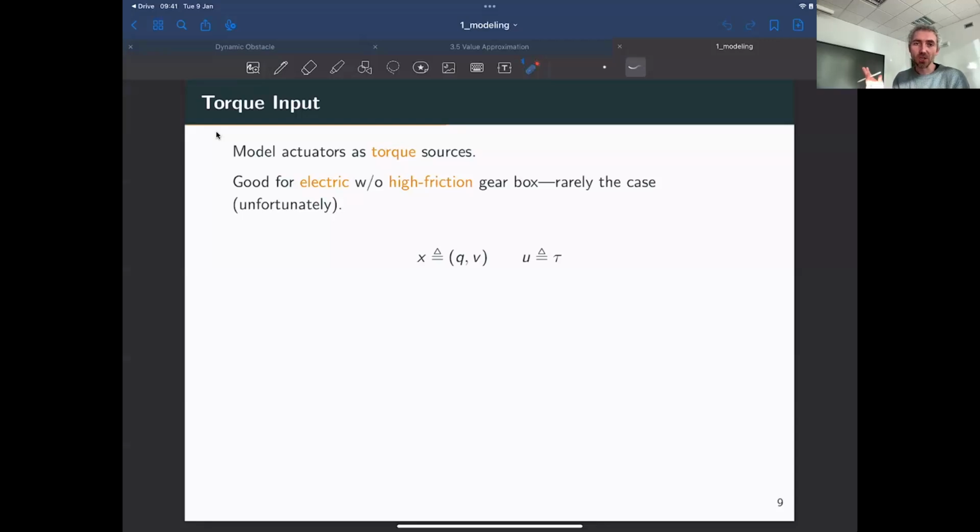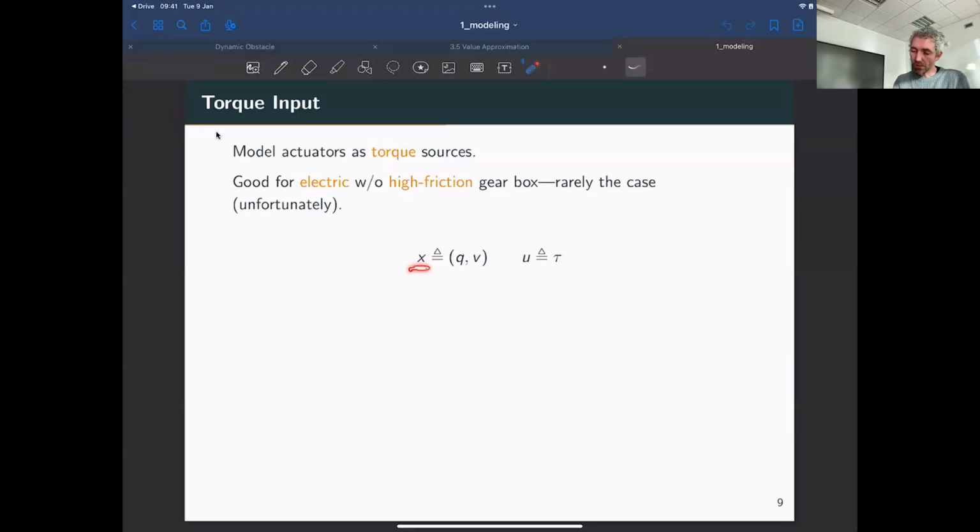So your best option if you want to use torque control is to use low gear ratios. So from 2 to 10, that's a good range where you typically have low friction. And most quadruped robots these days fall into this category. So they have low gear ratios, so low friction, which means that the torque that you generate at the motor is very similar to the torque that actually goes into the joint.